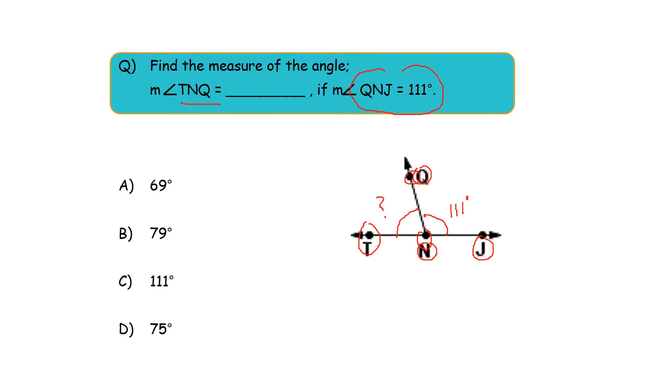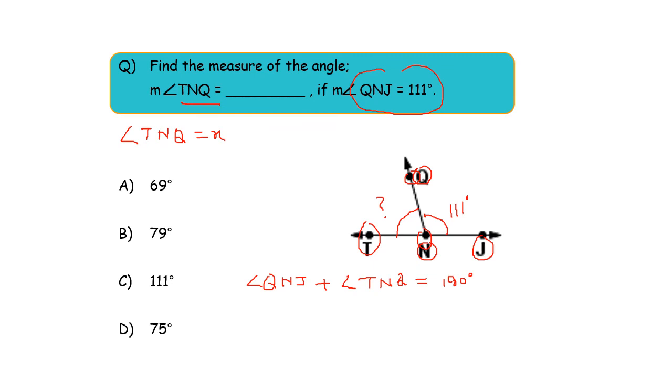So assuming angle TNQ equals X, and they are a linear pair of angles, their sum is 180 degrees. So I can write angle QNJ plus angle TNQ equals 180 degrees as per the diagram. Very simple, it's visible from the diagram.